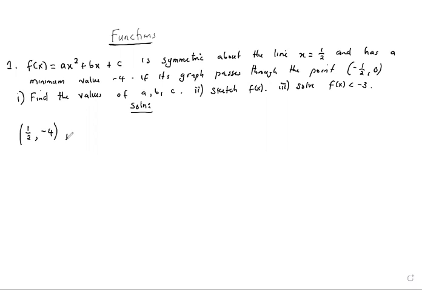We're also told that the function passes through the point -1/2, 0. So the function passes through these 2 points, which means we can get 2 equations from these points.